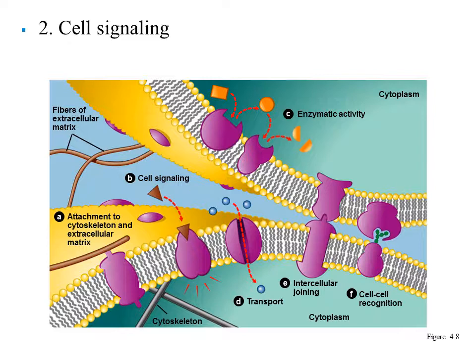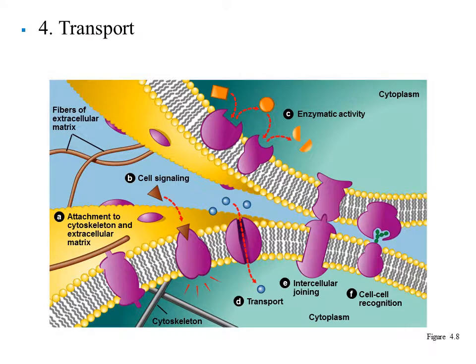That is called cell signaling. The third function of a membrane protein is enzymatic activity. So some of these proteins will take, let's say, a sugar like maltose and break it down into glucose and glucose.